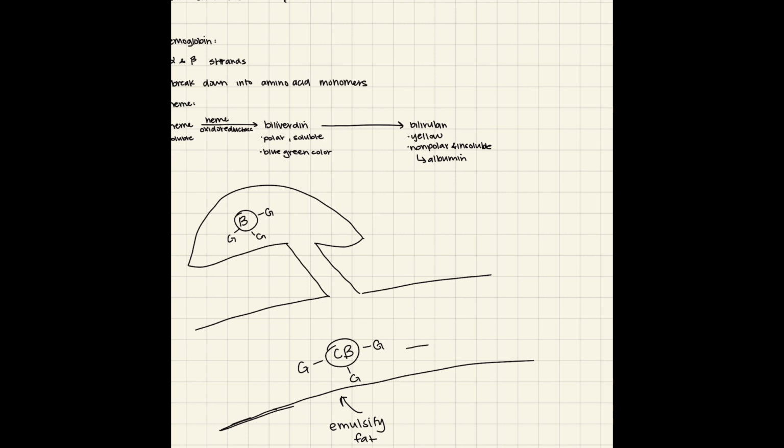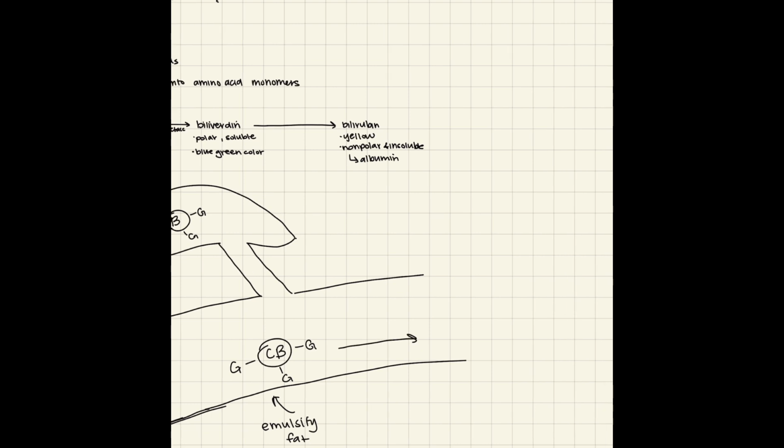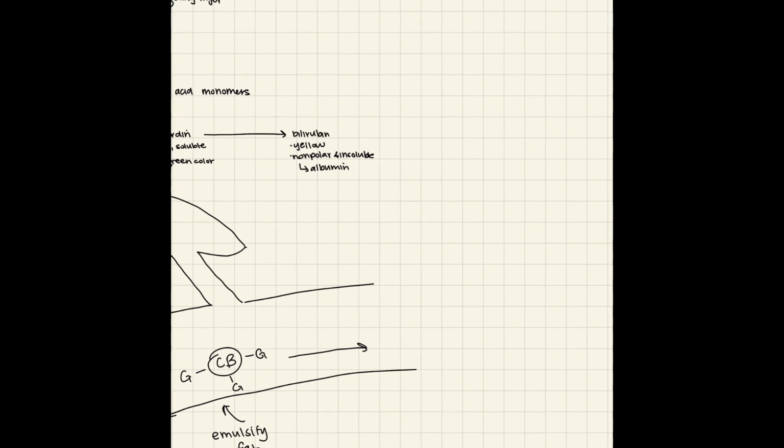And in that process, it gets broken down, and those really polar groups get ripped off because there are some strong interactions that happen. So we rip the glucuronic acid polar groups off, and we end up with, oh my goodness, urobilinogen.